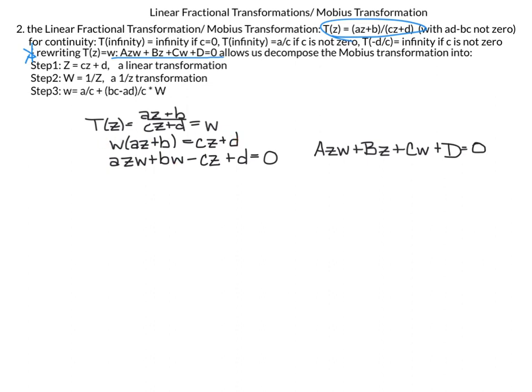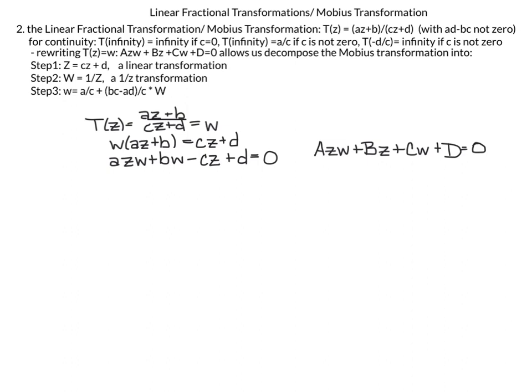I multiplied out the w, I subtracted the cz, and I should have subtracted the d. So now I have something in the form of Azw + Bz + Cw + D, where A is a, B is -d... but just notice that here we have capital A, B, C, and D because they're not necessarily these lowercase a, b, c, and d.